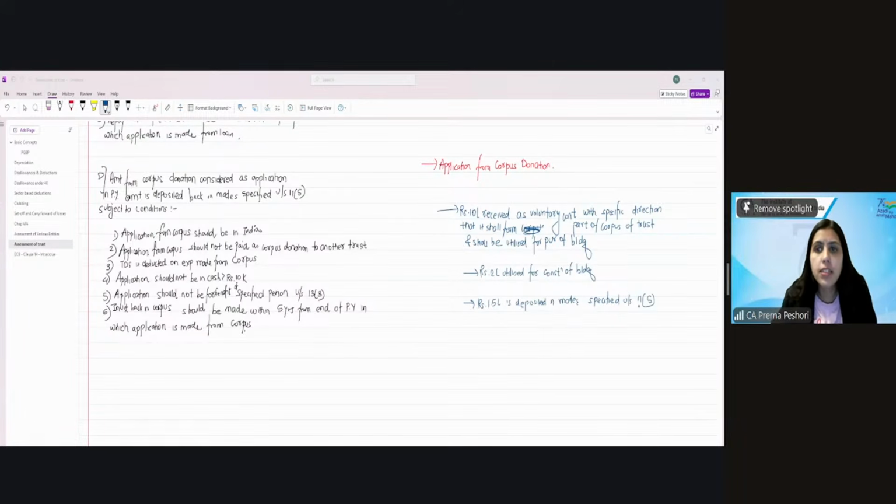Now, what will be considered as the application of my income? 1.5 lakhs. Correct, 1.5 lakhs.